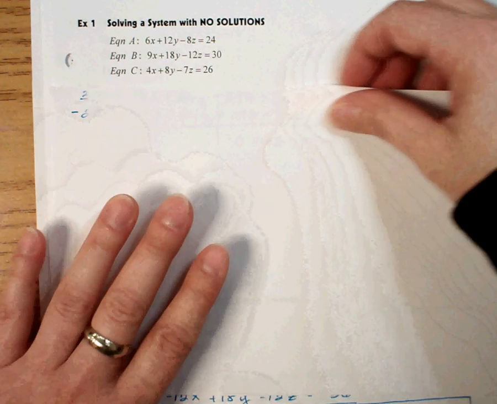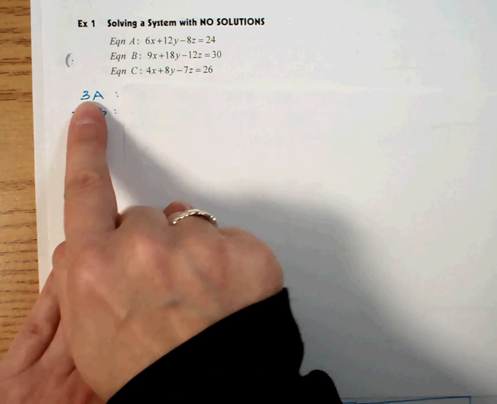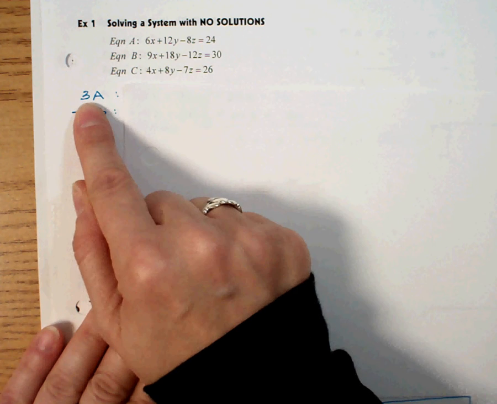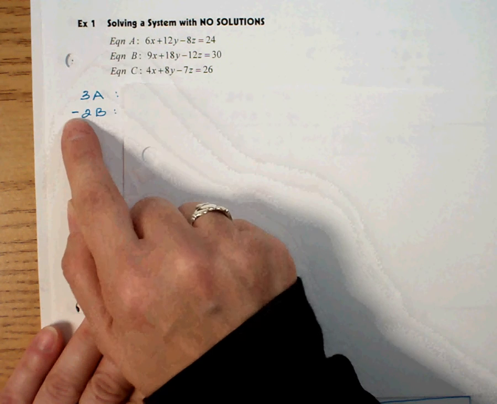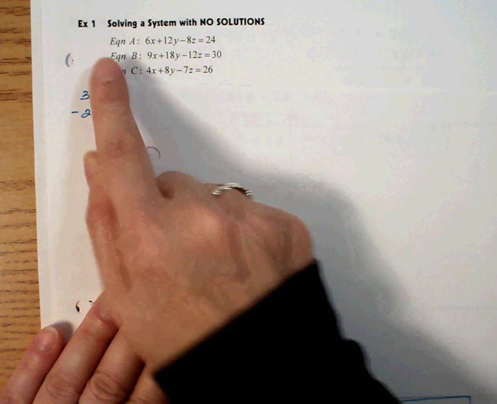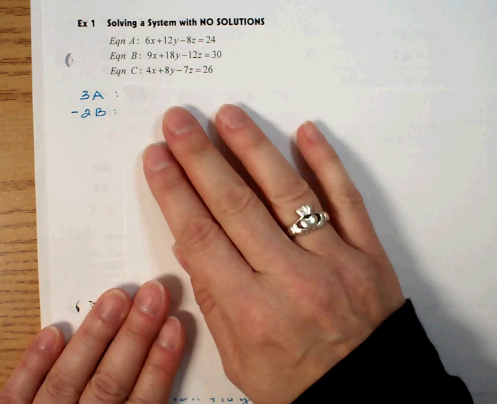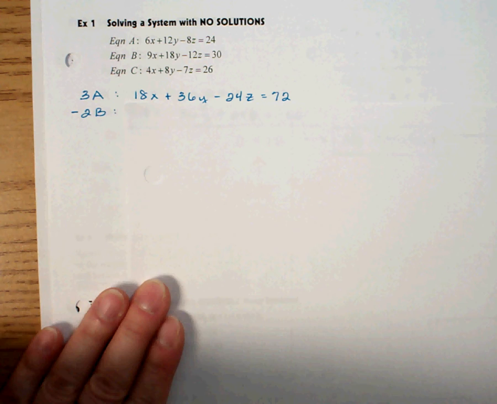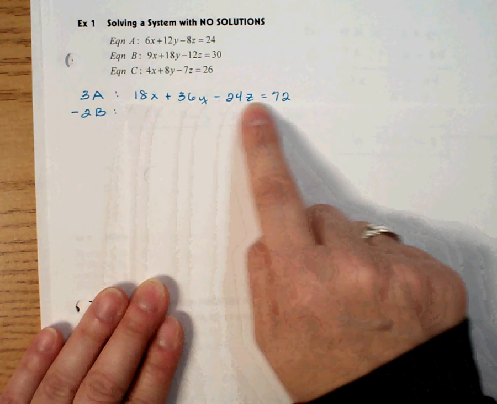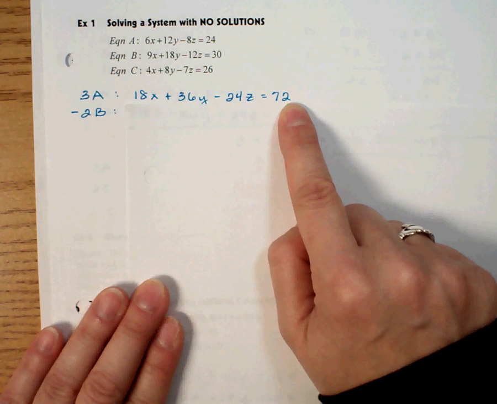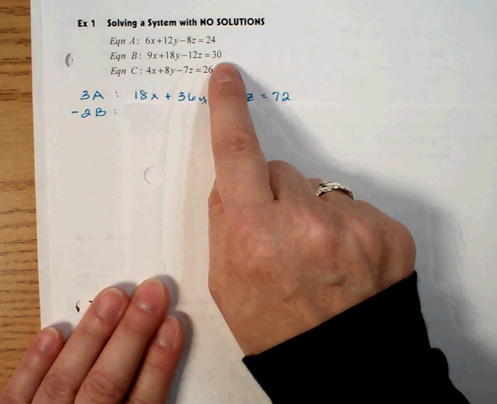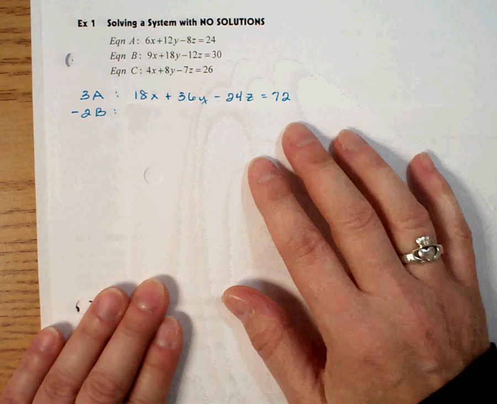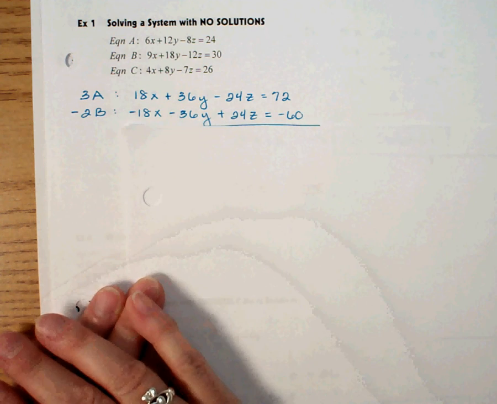As you can see, I've given myself some notation of what math I'm trying to do. I'm going to take 3 times equation A, -2 times equation B. When I distribute my 3 to my first equation, this is my resulting equation. When I take a negative 2 and distribute it to everything in equation B, this is my resulting equation.